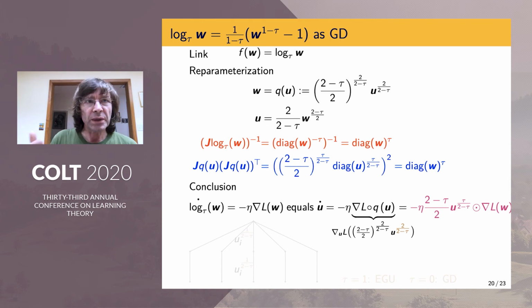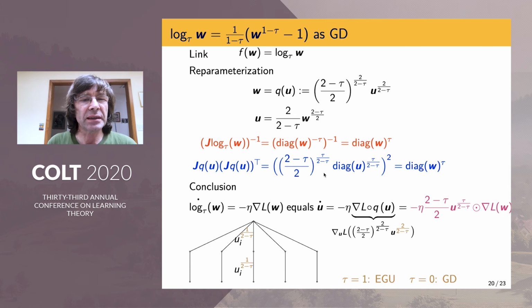We can also interpolate. The log tau update can be reparameterized as this gradient descent. So your link function is now log tau of W. Use this Q function and you check your derivatives. And then what that means is that the log tau update equals this gradient descent with respect to this composite loss, which in picture means gradient descent on this neural network where you have these powers now on the U_i, simulates the log tau update.